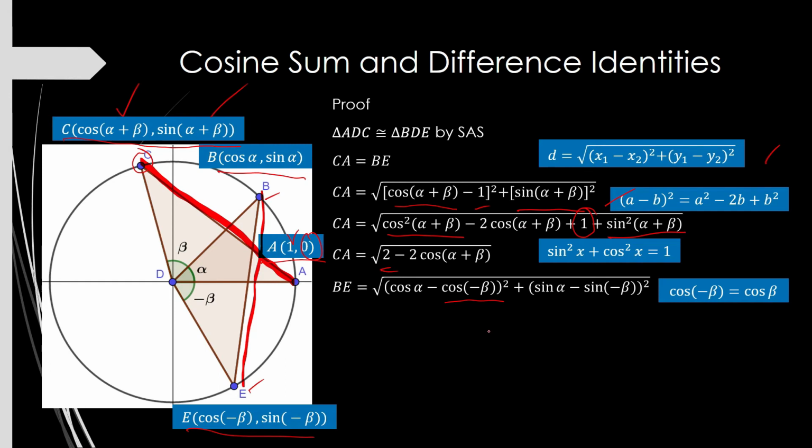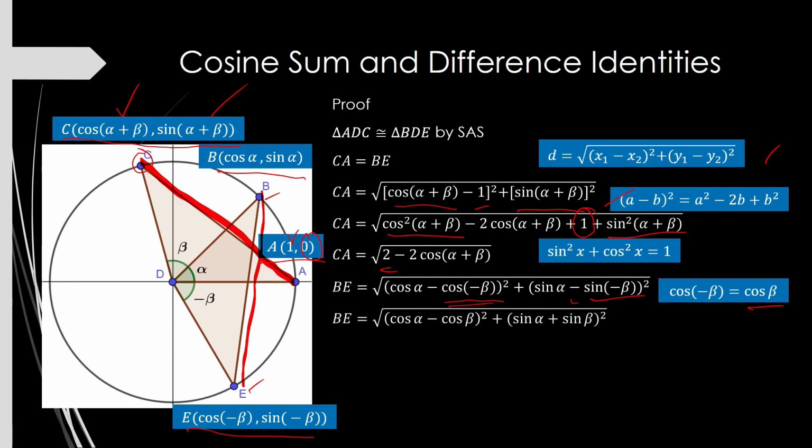Cosine of negative beta is just equal to cosine of beta. So we can just replace this by cosine of beta. And this one, the sine function is an odd function. Sine of negative beta is equal to negative sine of beta. And you know what's going to happen with minus negative. It's going to be positive.